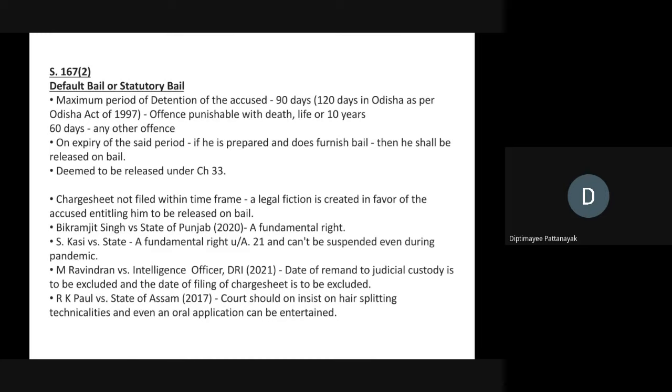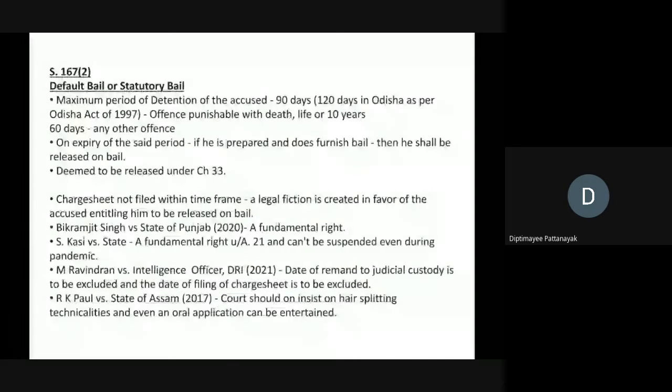It is very confusing: the accused is remanded on a certain date, so is that date included or excluded? Is the date on which the charge sheet is submitted included or excluded? And what will happen if the last date of the statutory period ends on a holiday?